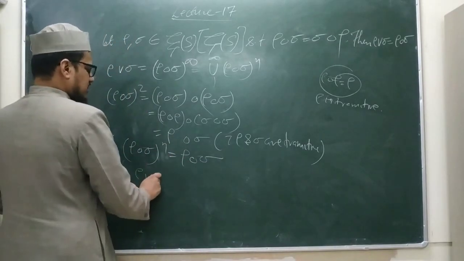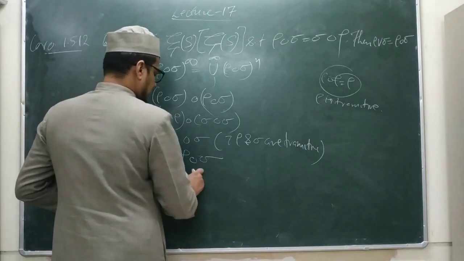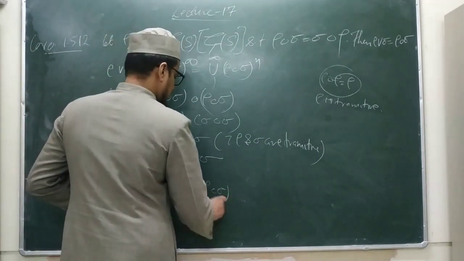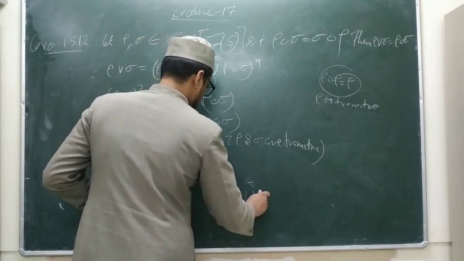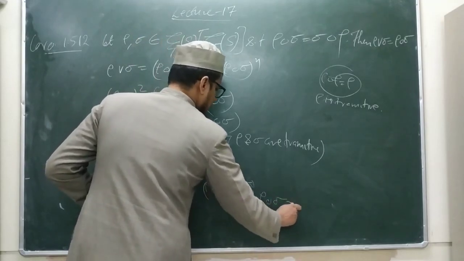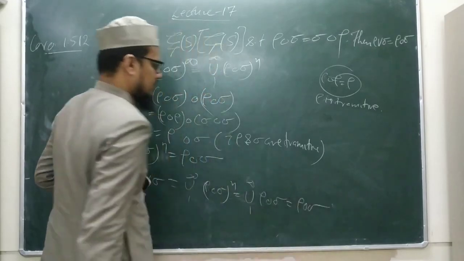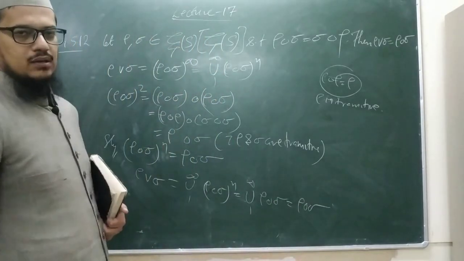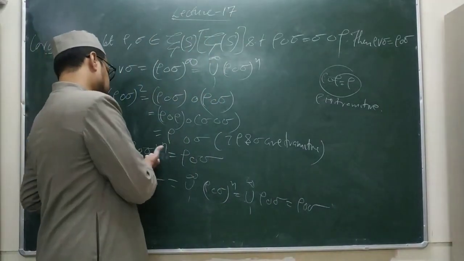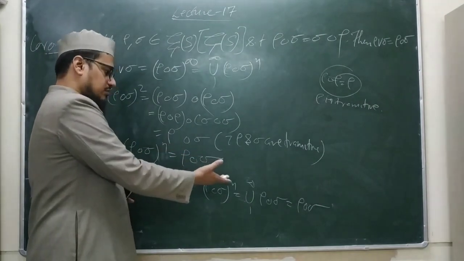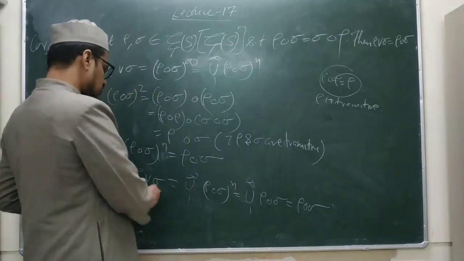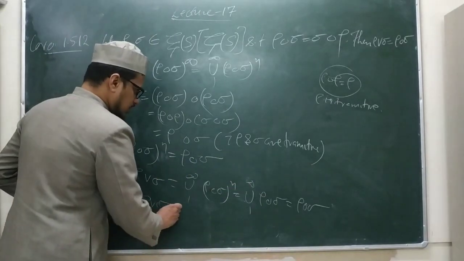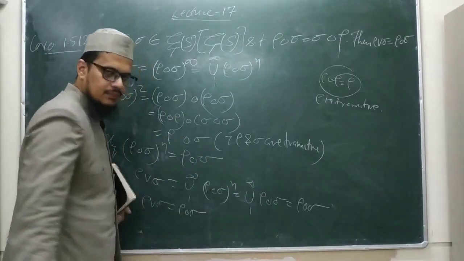So rho join sigma is equal to the union from 1 to infinity of rho composition sigma to the power n, and that is rho composition sigma, because whatever n is, rho composition sigma to the power n is equal to rho composition sigma. So rho join sigma is what? Rho composition sigma, correct?